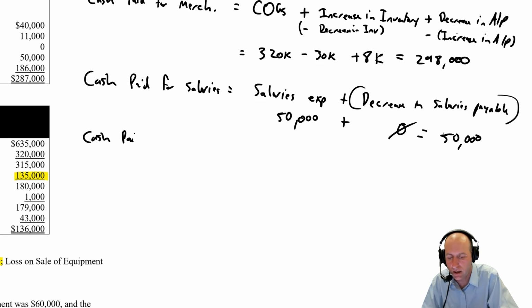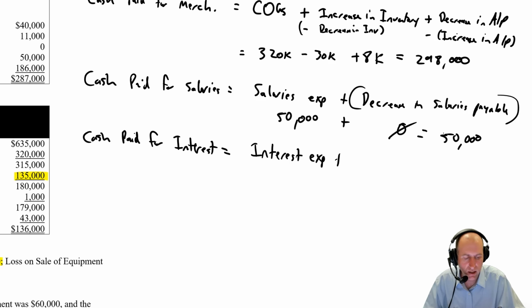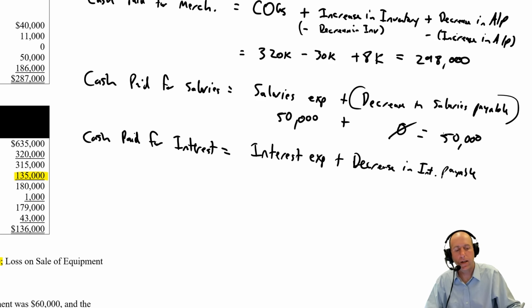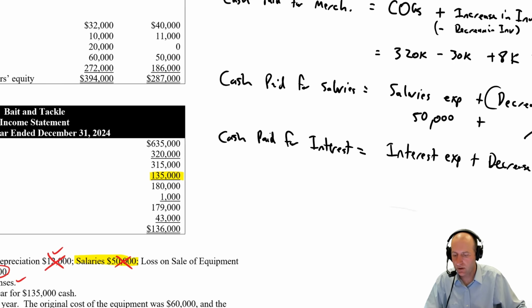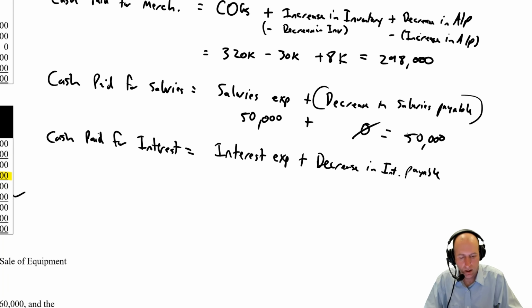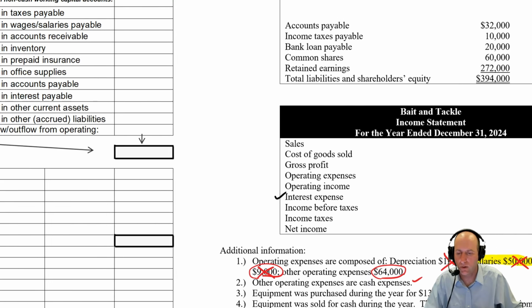Cash paid for interest would be interest expense plus a decrease in interest payable. And in this case, we had an interest expense. It was $1,000 just there at the bottom of the income statement. Our interest payable, we didn't have. So much like the cash paid for salaries, we can assume it was $1,000.